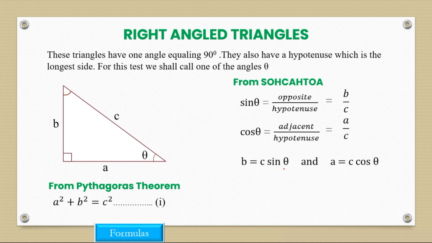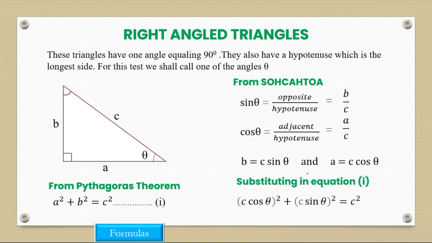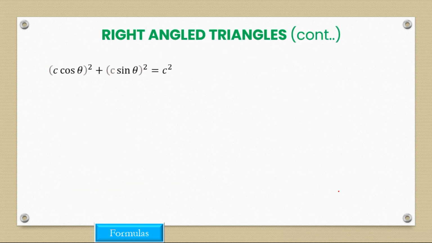Alright, so what I'm going to do next is substitute the values, because now I have B is equal to C sine theta. I'm going to substitute the values of A and B into the Pythagoras theorem equation that we have right there. So when I substitute into equation 1, I'll have C cos theta squared plus C sine theta squared is equal to C squared. Alright, now we're going to continue from there.